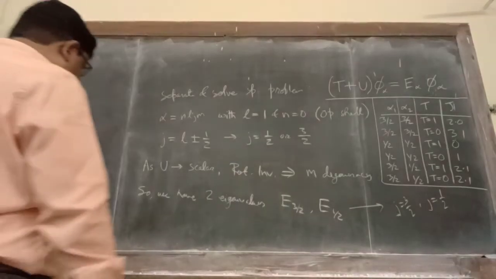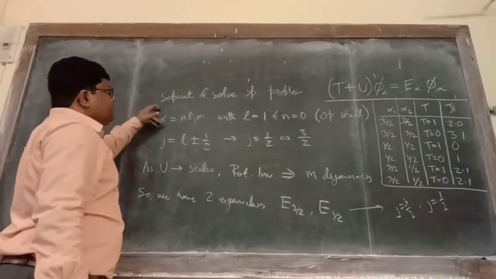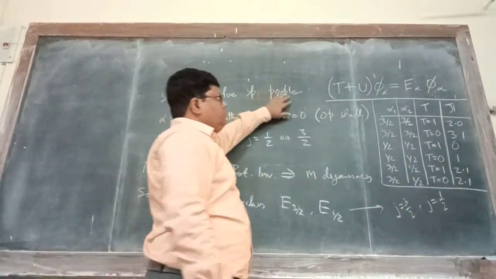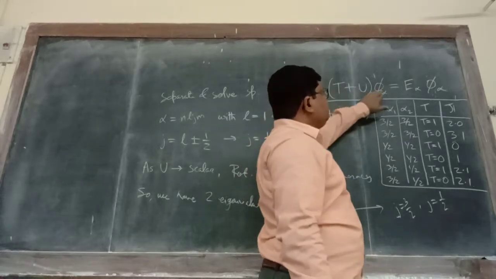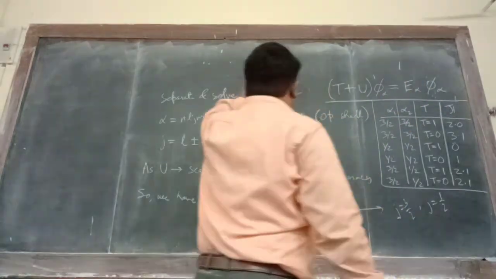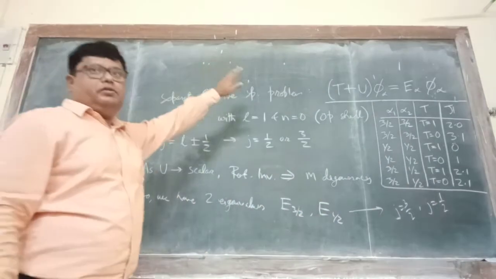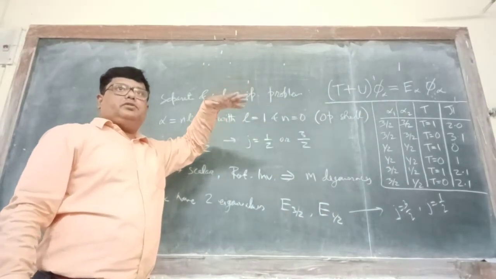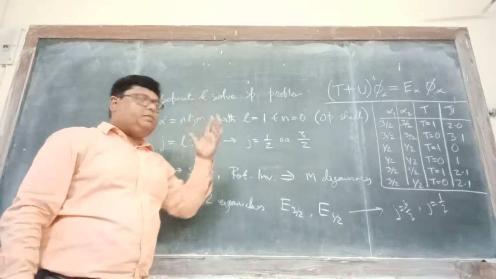Okay, so now let us separate and solve the single particle problem. So (p plus U) phi alpha equals E alpha phi alpha, right? I am separating, and later on I will use perturbation to treat the residual part.